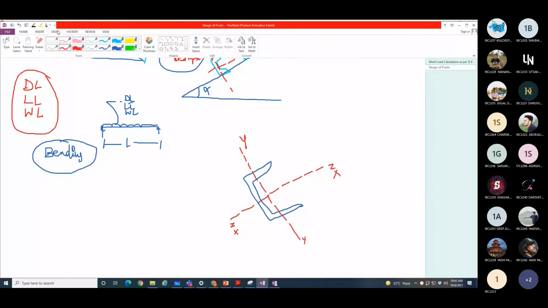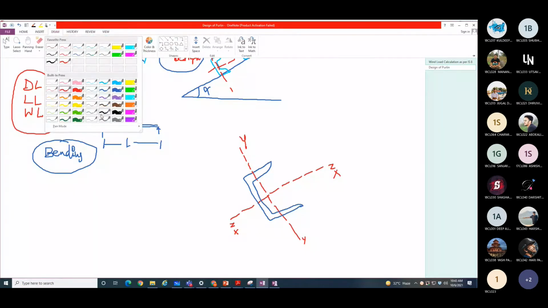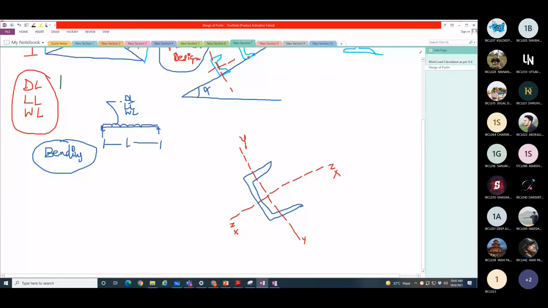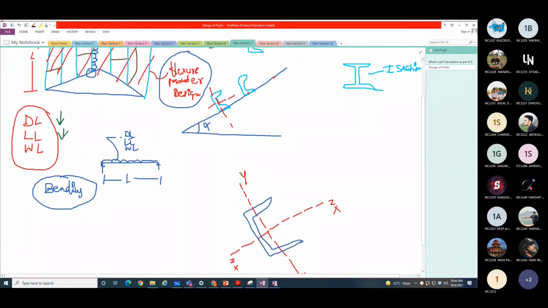Now the loads are acting on the purlin: dead load, live load, and wind load. Now how does it act? Dead load and live load are vertically downward. Vertically downward means this load is acting like this on this node point.